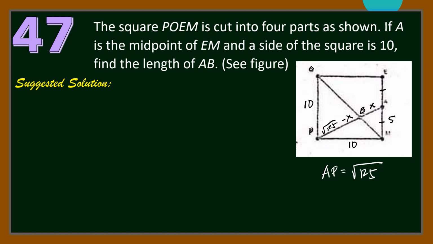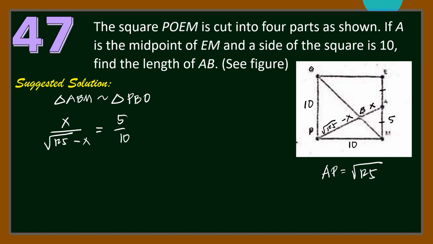In the figure, we know that triangle ABM is similar to triangle PBO. And from here, we can have the equation x over square root of 125 minus x equal to 5 over 10.